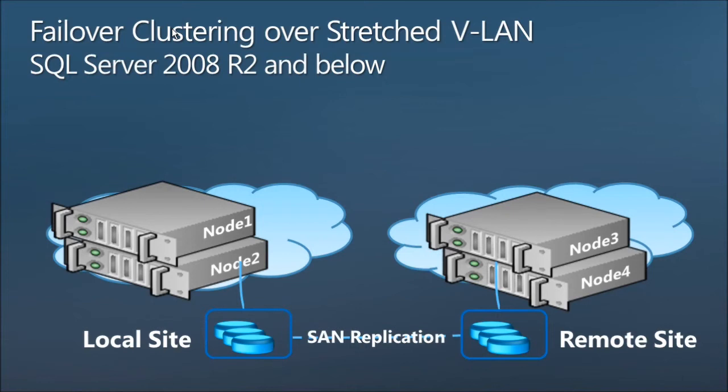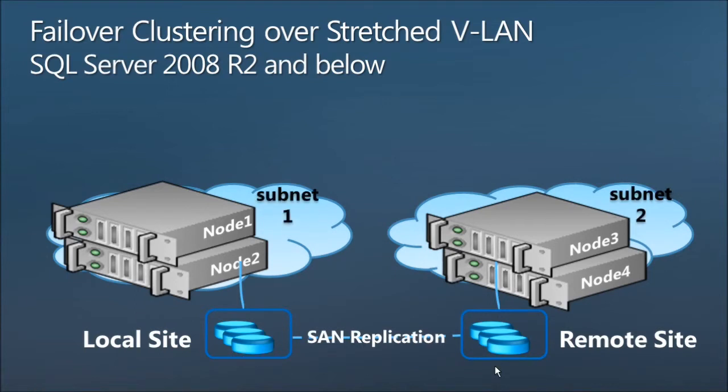On the remote data center, you have the same hardware, Node 3 and Node 4, and another SAN storage. Between those 2 sites, you need to have a SAN replication solution, which is usually provided by a third party, to synchronize the data changes from one side to another side.